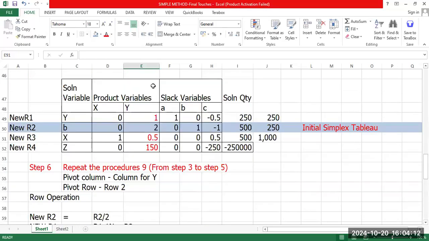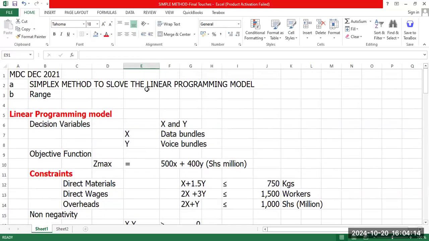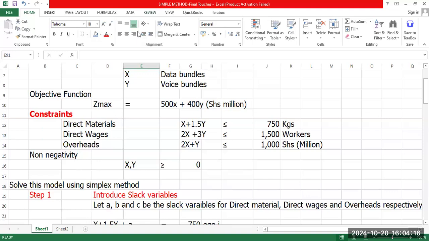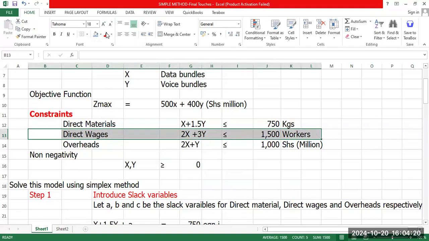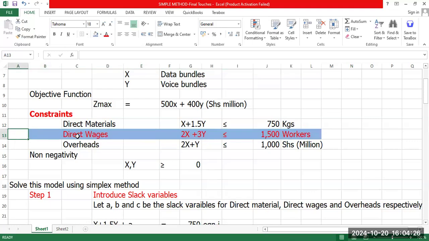What was our original value of direct wage? We come back here. This is your direct wage. The original value is 1,500.